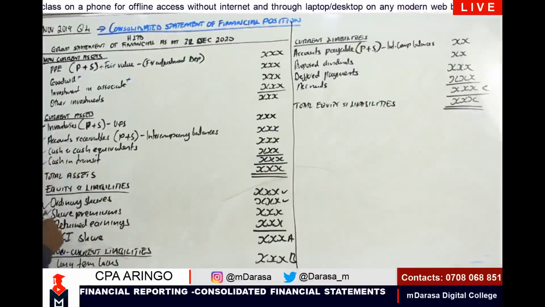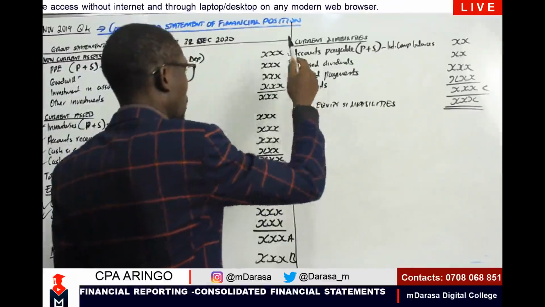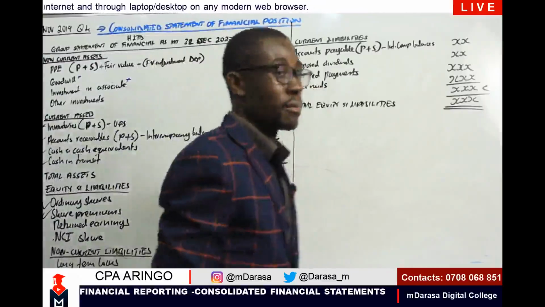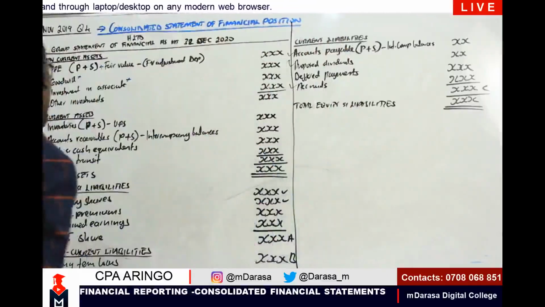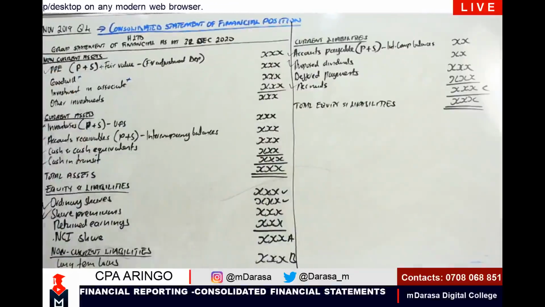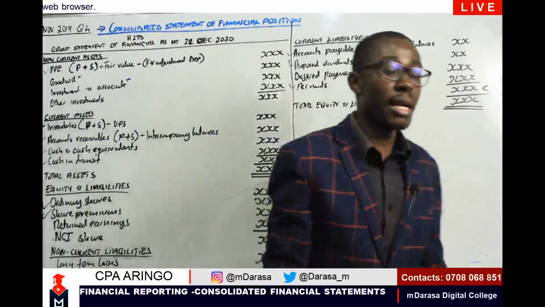Maybe retained earnings you'll have to calculate. Proposed dividends might come direct, deferred payments maybe you'll have to calculate, and accruals will come direct. Also, many times PPE is direct. So even without doing any workings, you've already earned some marks.